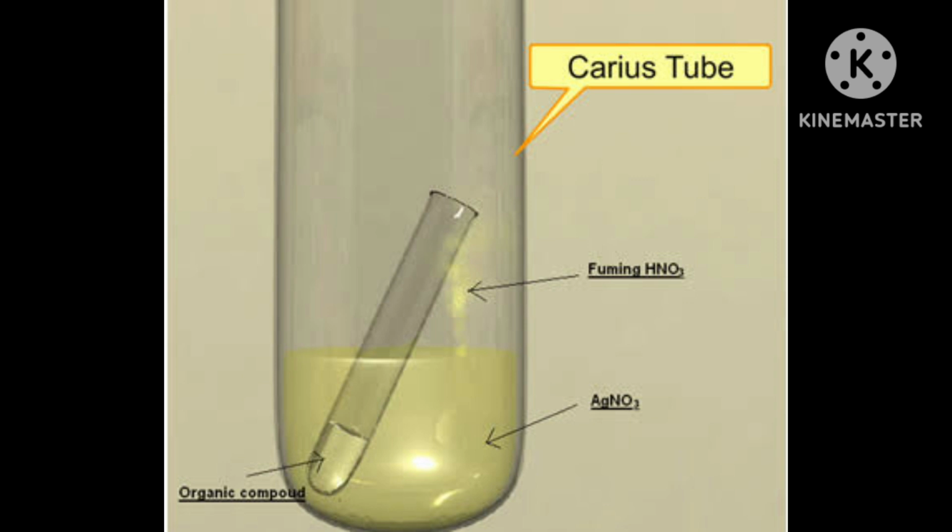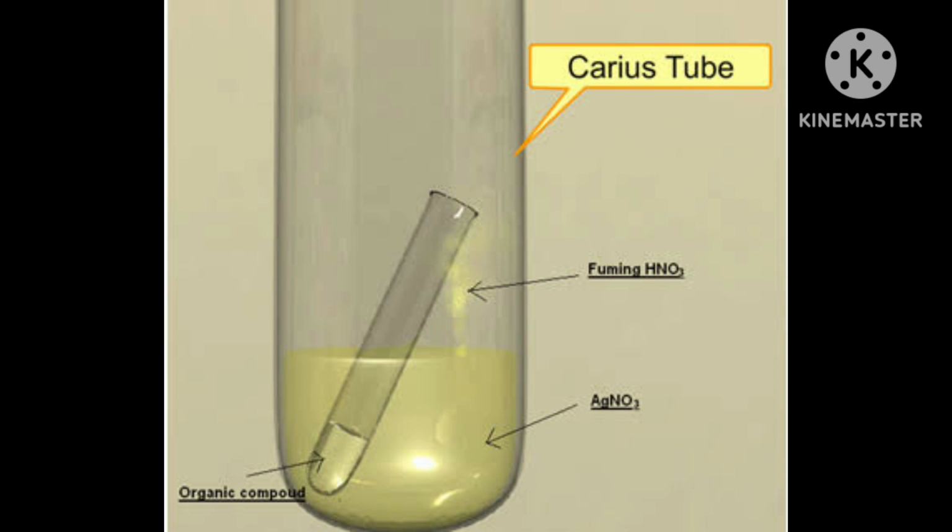143.5 gram of silver chloride contains 35.5 gram of chloride. Then 1 gram contains how much? 35.5 divided by 143.5. Correct? Now suppose you have taken m1 gram of AgX.